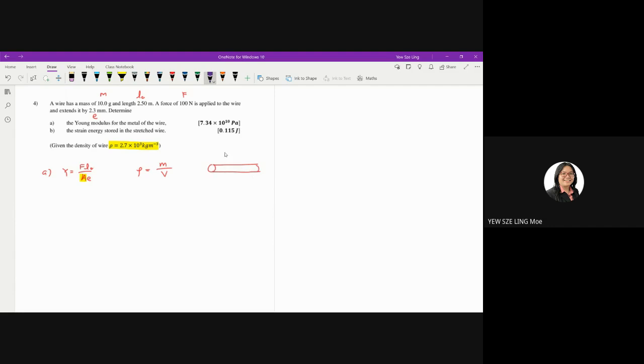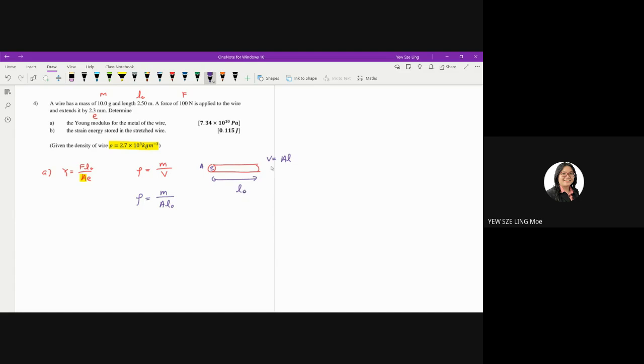The volume of a cylinder is V equals A times L. We have L naught. The thing that is missing is the area. So density can be used to determine area. Why? Because rho is equal to m over A L naught.